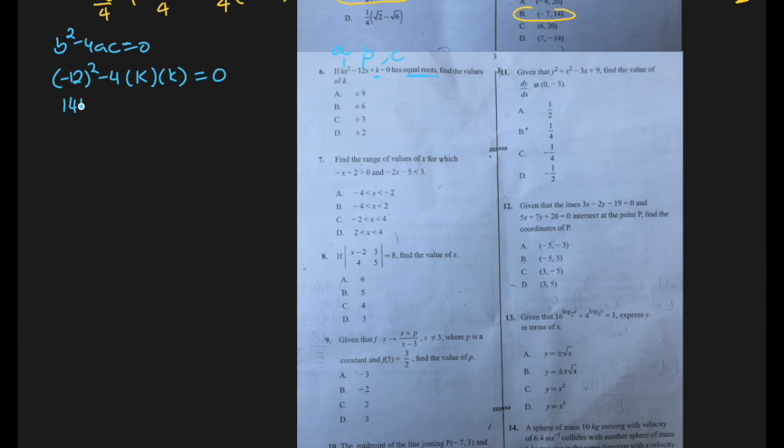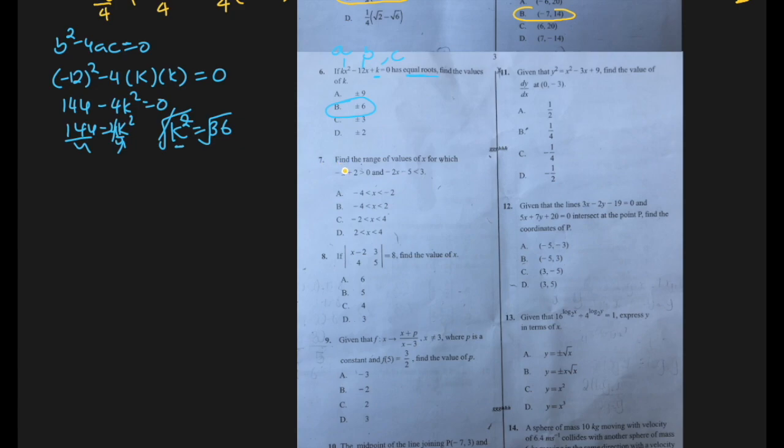So 144 minus 4k square equal to 0. 4k square, divide both sides by 4. So k square is 36. Square root both sides. Square and square root cancel out. So k is square root of 36, which is plus and minus 6.